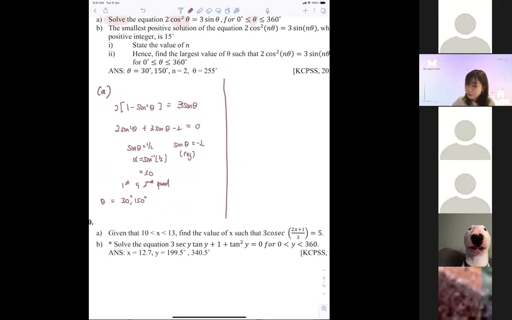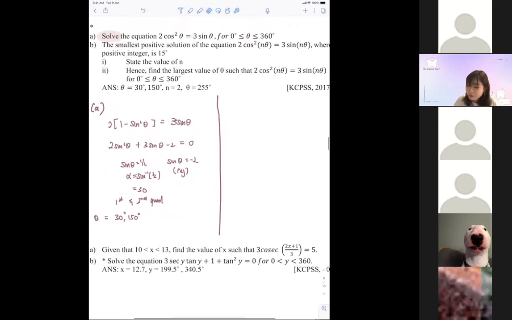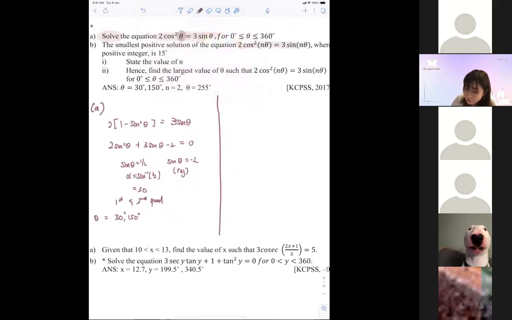So from here, okay? Now that we find for our theta, part B, if you were to compare with my first equation, they are almost the same. Okay, everything is the same except for the angle. This is theta. This is n theta.